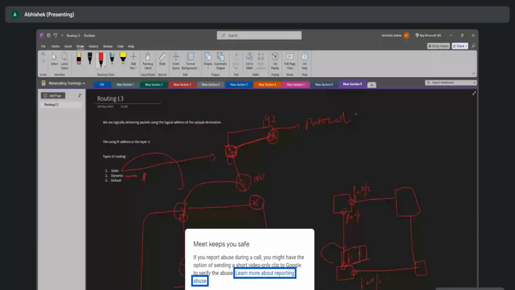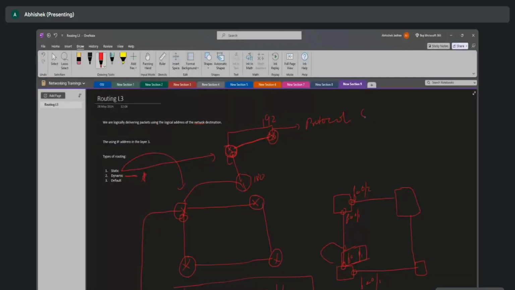Protocol, the same protocol should be there on the routers.